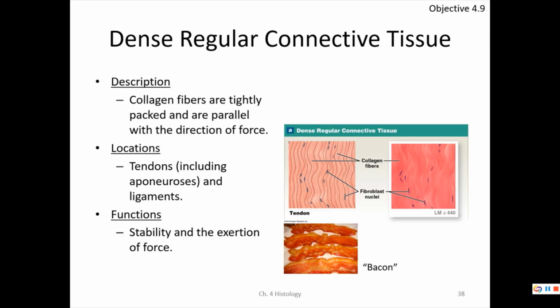We'll talk about two aponeuroses: the galea aponeurotica, or the epicranial aponeurosis, and the rectus sheath in muscles. But it's usually just big bands of connective tissue that attach muscle together, muscle to muscle kind of deal. It's always there for stability and exertion of force, okay? It helps us exert a force. As you look at it, the connective tissues are generally easiest to tell apart.